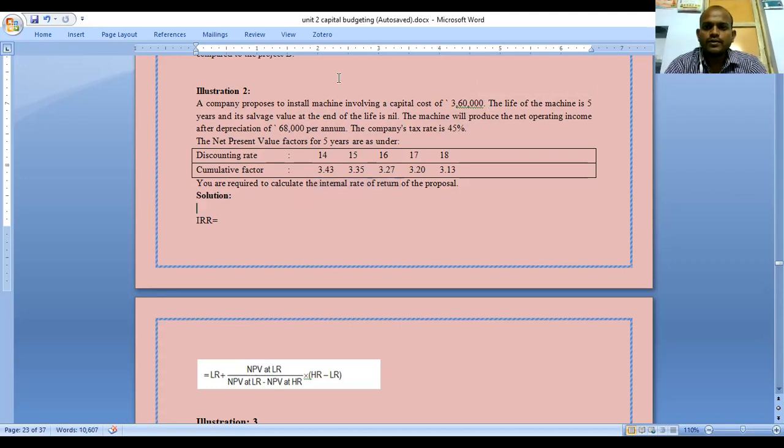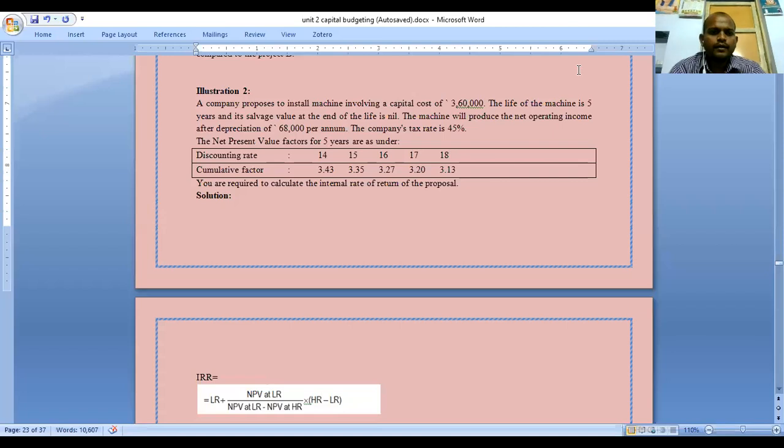So, before calculating the IRR, we have to calculate the yearly cash inflows. First of all, if you just look at the problem, the depreciation we have to calculate. By following which method?